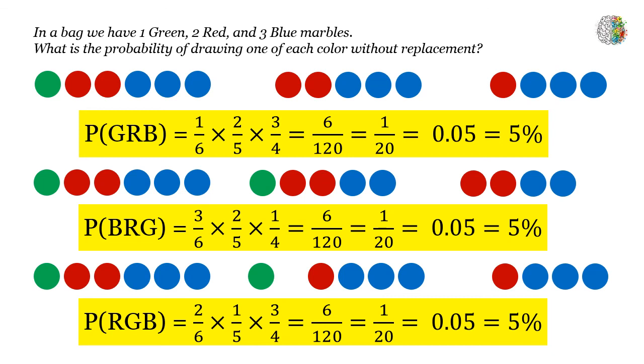And then each time, if I'm doing it without replacement, that bottom number, the total number of possibilities, is going to decrease by 1. And if I already drew that color out, that top number is also going to decrease by 1.